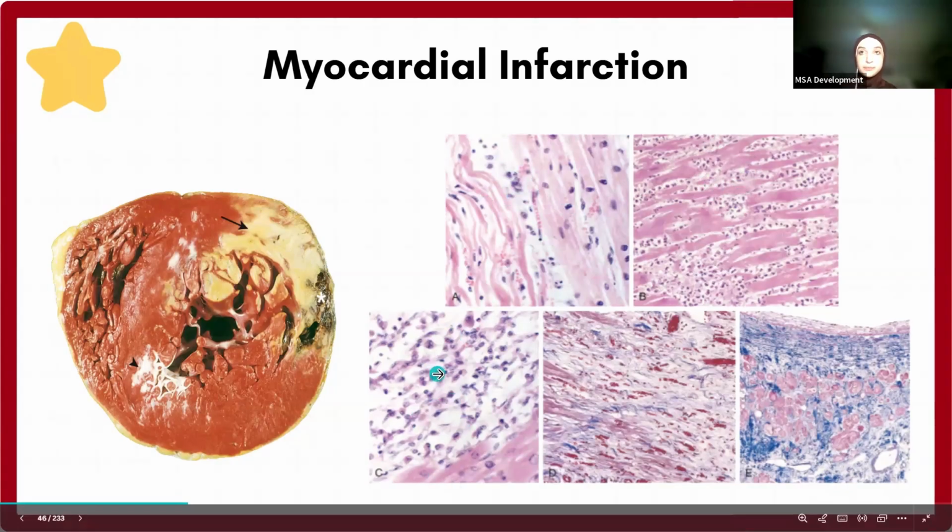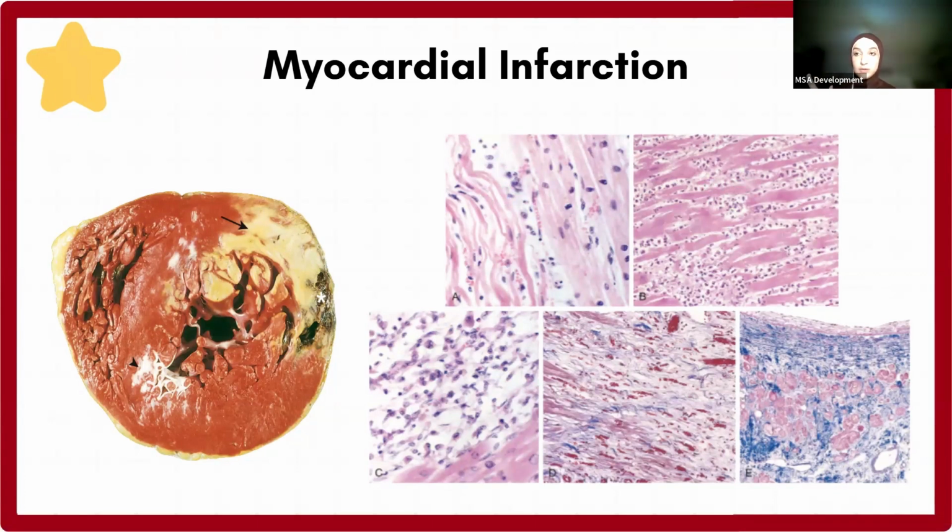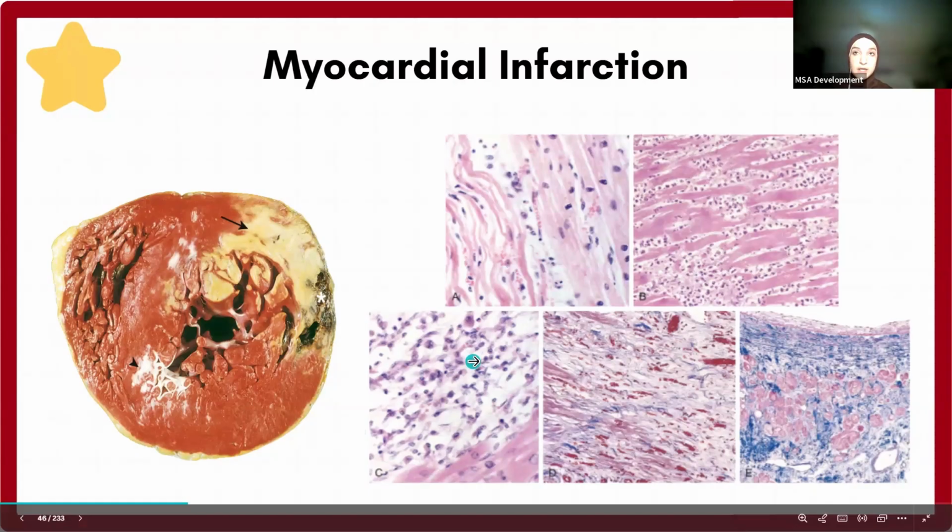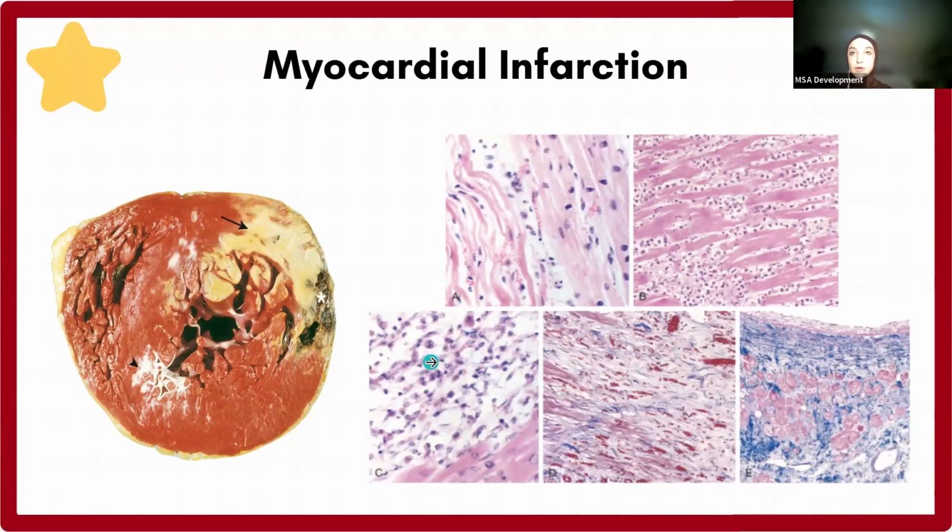For picture C, it's 7 to 10 days after the MI. You will see the removal of the necrotic myocytes that were affected in the initial MI, and the introduction of a new type of WBC, the macrophages.